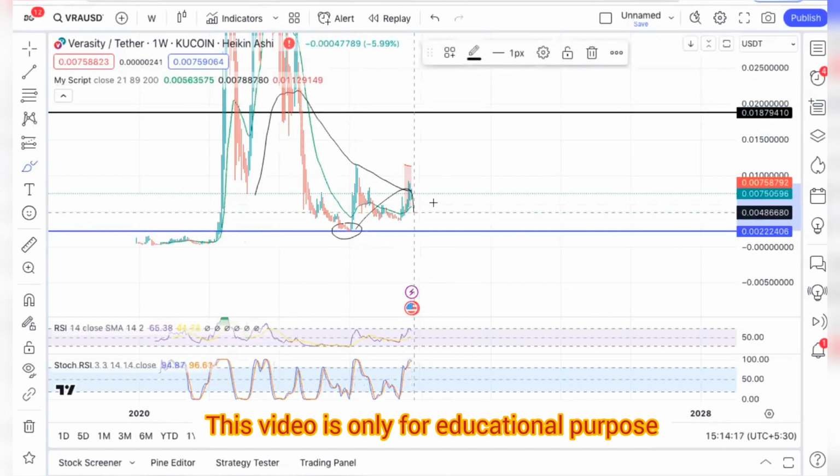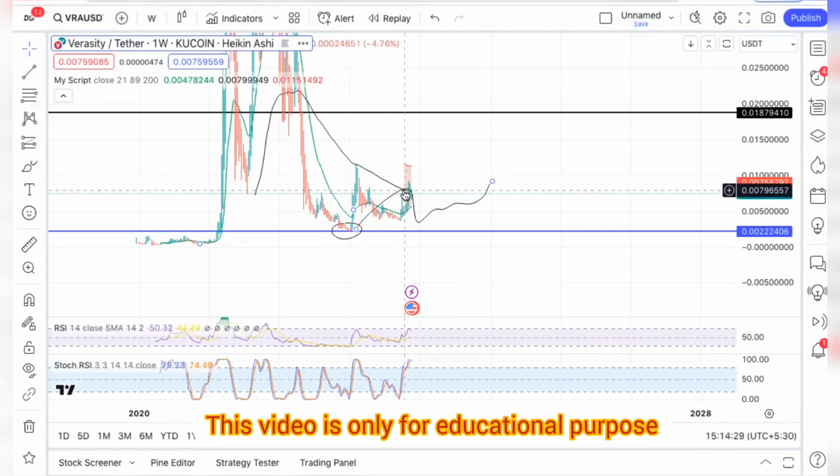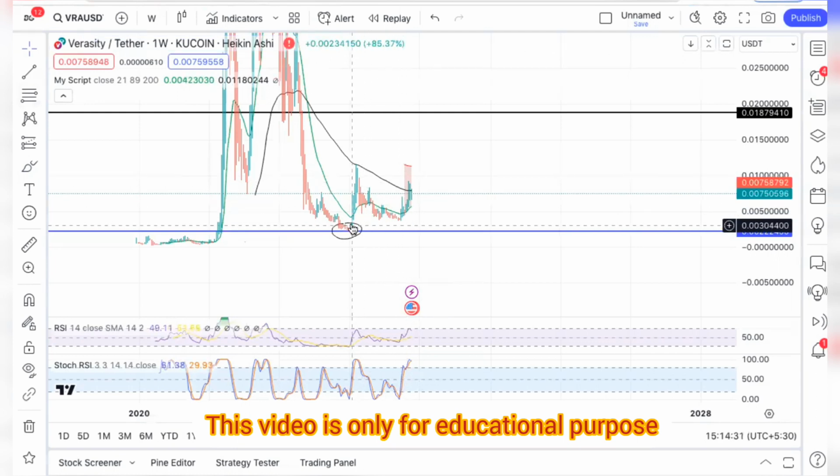So any recovery attempt that VRA is doing, it is purely doing to retest this high, in my opinion, and it's just a matter of time before we retest that high of 0.018219, so almost 2 cents.